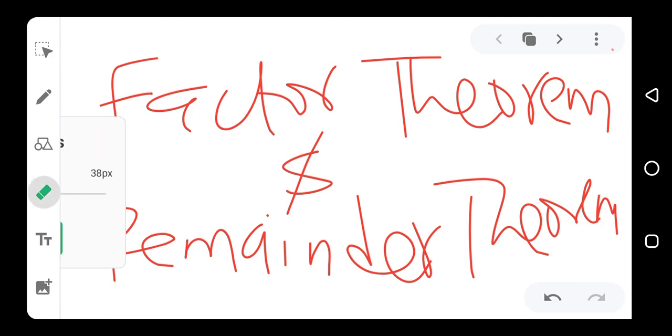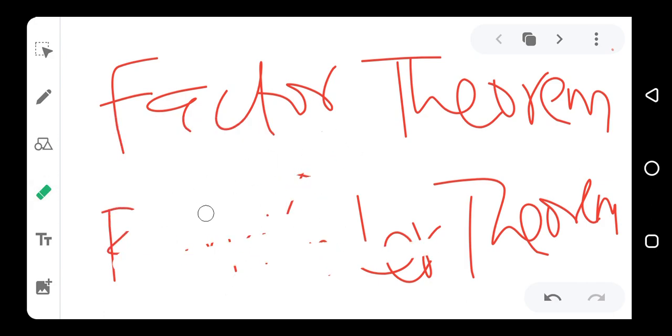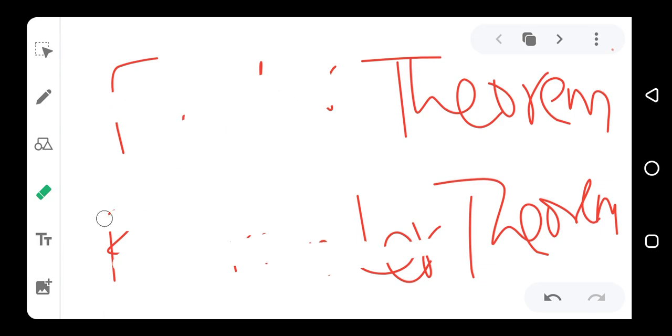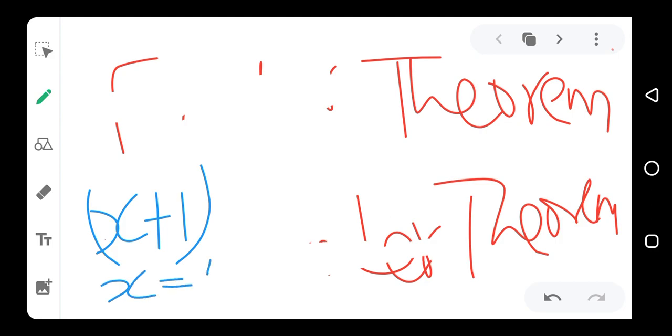For instance, if you have that x plus 1 is a factor of a given polynomial, what it means is that if we put x plus 1 equal to 0, from this you can get that x equal to minus 1.